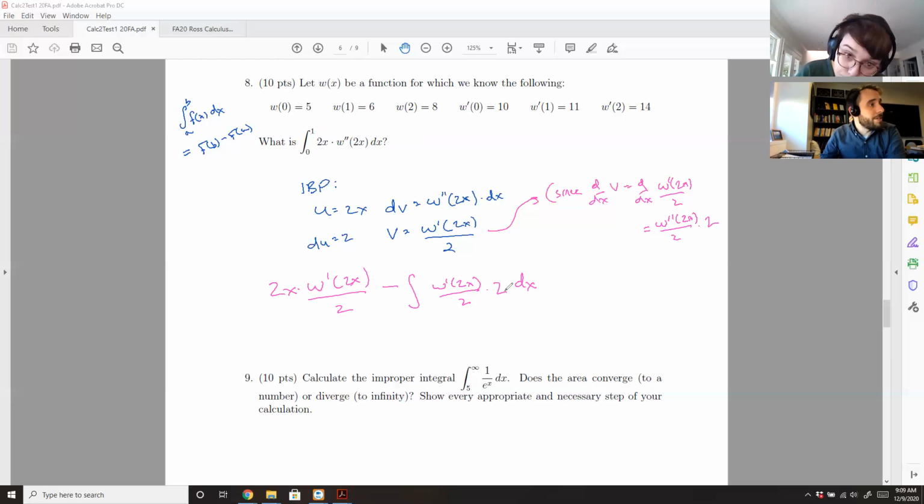A bunch of the 2's can cancel. And then our final integral is itself a little bit challenging. So we have our w prime of 2x minus, and then the antiderivative of w prime is just w. But again, we have that additional divided by 2 in taking that antiderivative.